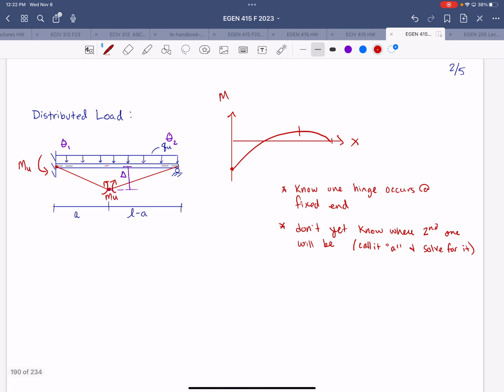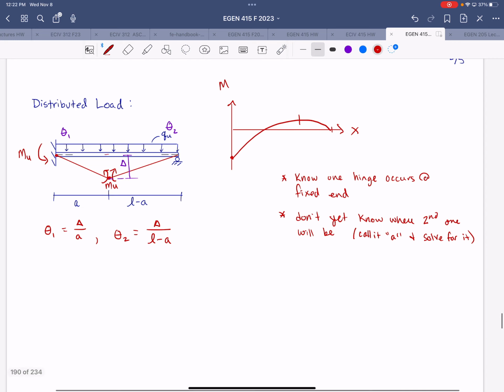And so we can say theta 1 is equal to delta over A, and theta 2 is equal to delta over L minus A. Again, using small angle theory, saying that the tangent of an angle is equal to the angle.